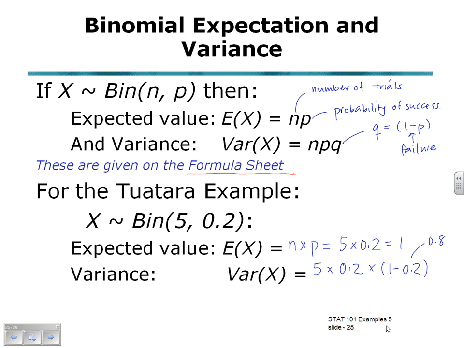So probability of success is 0.2, probability of failure would be 0.8. So 5 times 0.2 times 0.8 gives a variance of 0.8. And should we wish the standard deviation, we would use the square root at that point. Remember, standard deviation, always the square root of the variance. And that's the end of example 7.